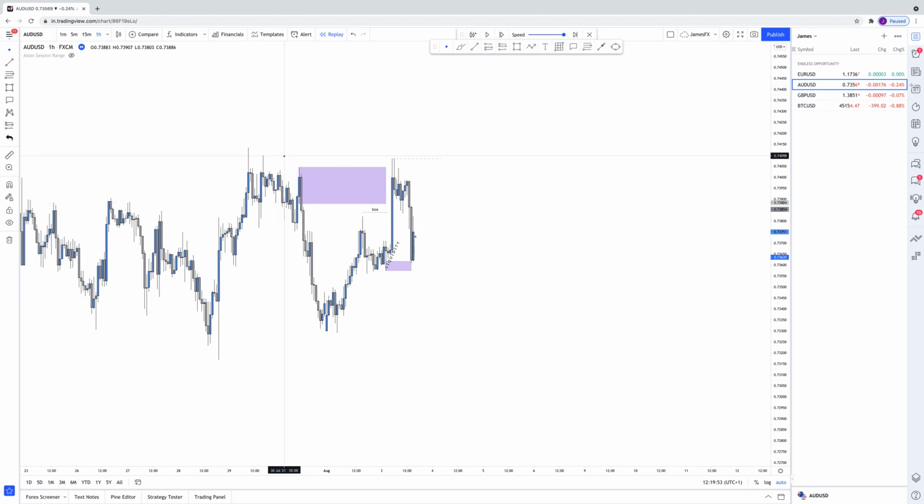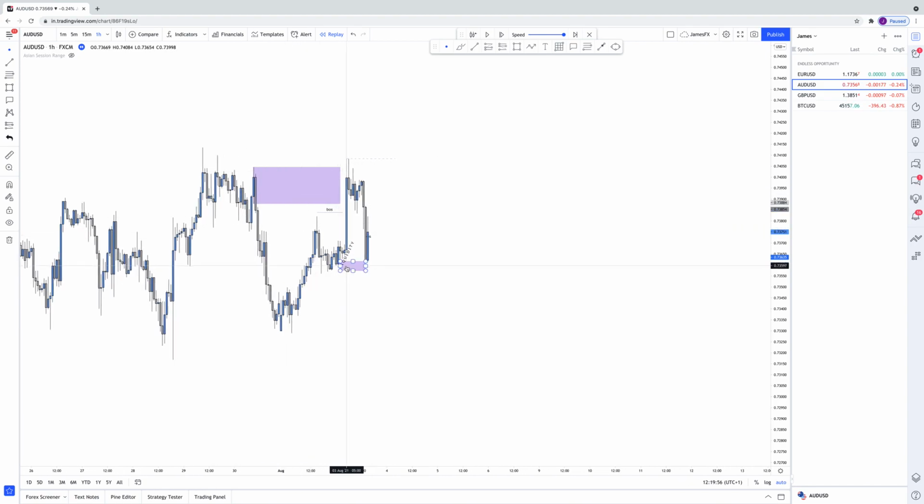Once price broke structure to the upside, we came in to mitigate this supply zone, and we actually broke above it. So you could say supply failed, that created demand. Okay, so it gives this demand zone a higher probability of playing out.